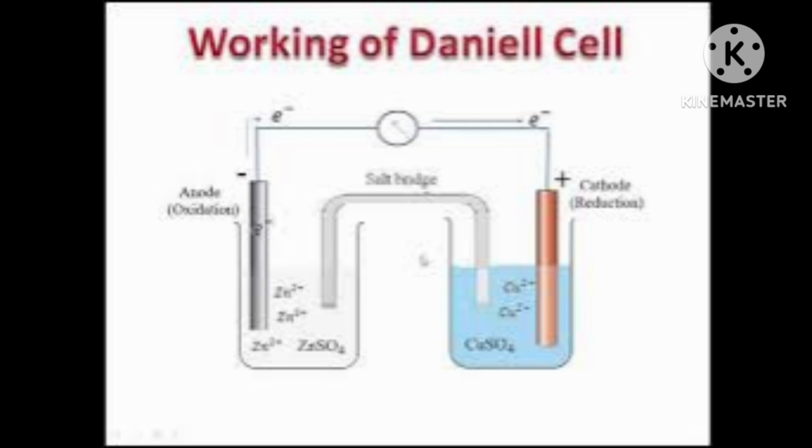If on silver you want to put a layer of gold, that is gold deposit on silver, auric, Au, means gold deposit on silver.